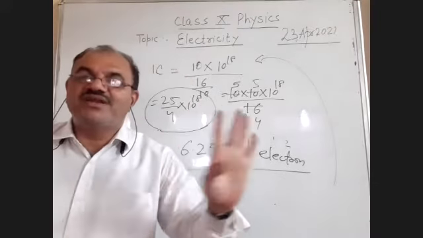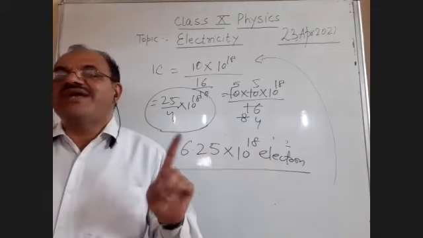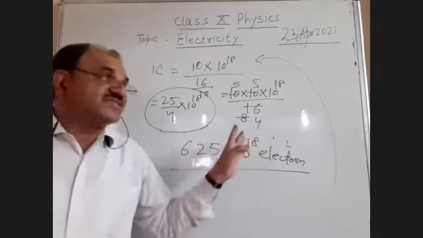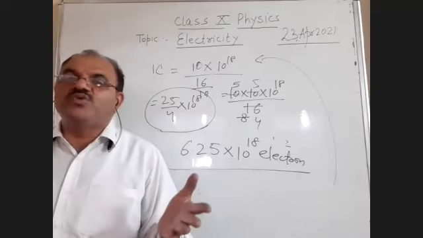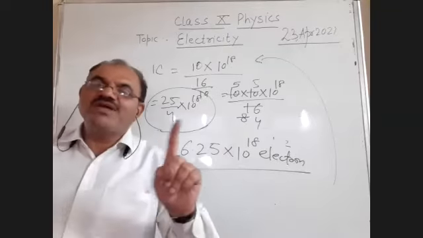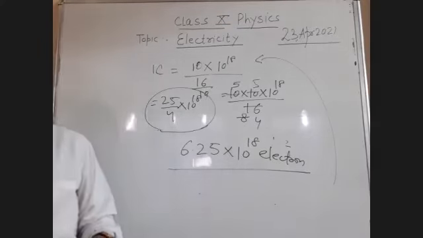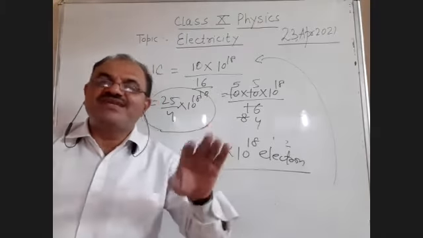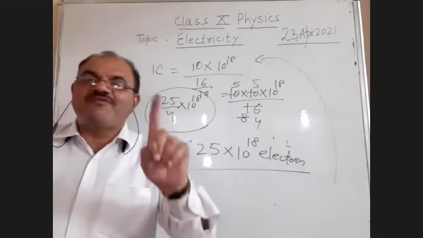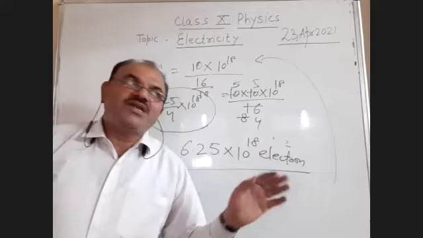What we have done is that first you should write down the charge on 1 electron. It is 1.6 into 10 raised to the power minus 19 coulomb. Now, students, in 1 coulomb, 1 divided by 1.6 into 10 raised to the power minus 19. Further, the 10 raised to the power minus 19 goes to the numerator, and the power becomes positive.